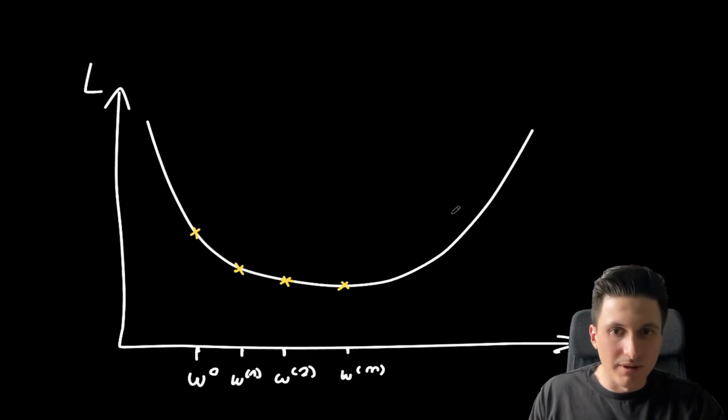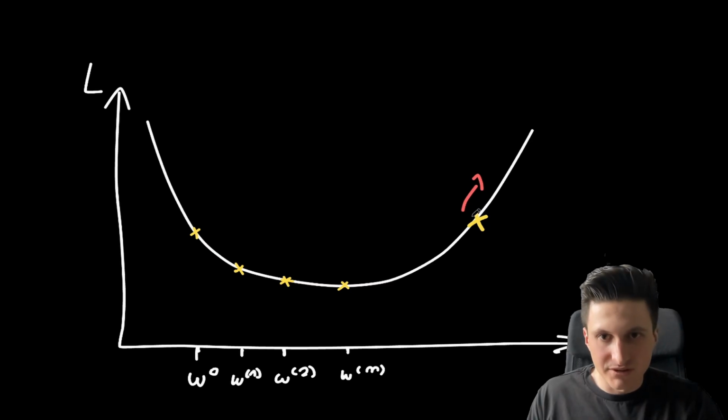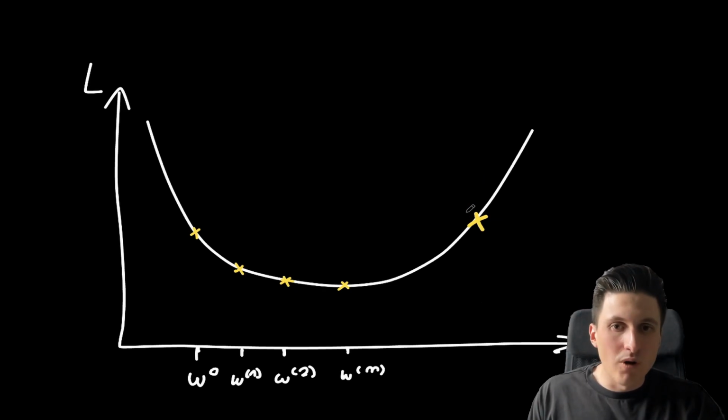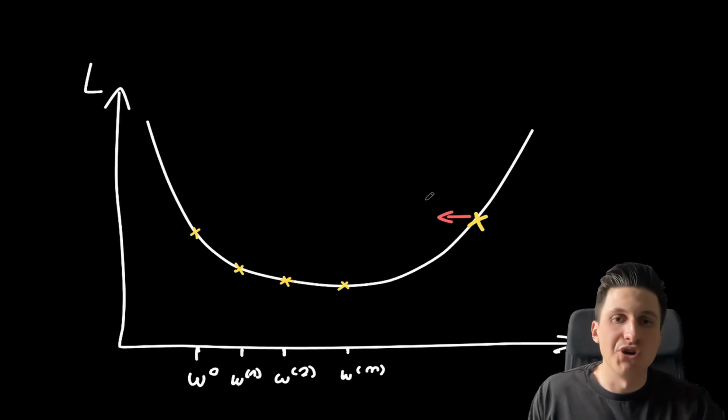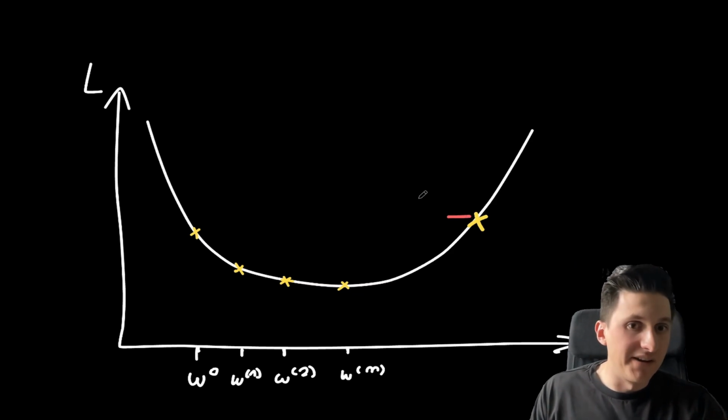But if we were on this part of the graph, the gradient would actually be positive because the loss function goes up if we increase the w a bit. Then we actually want to decrease our weight. So once again, we are moving in the opposite direction of the gradient.